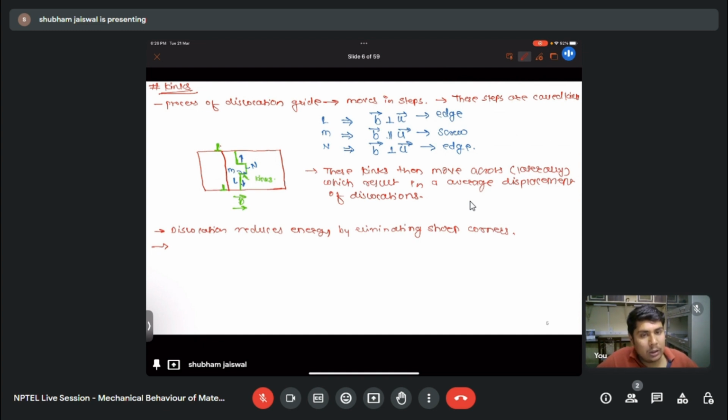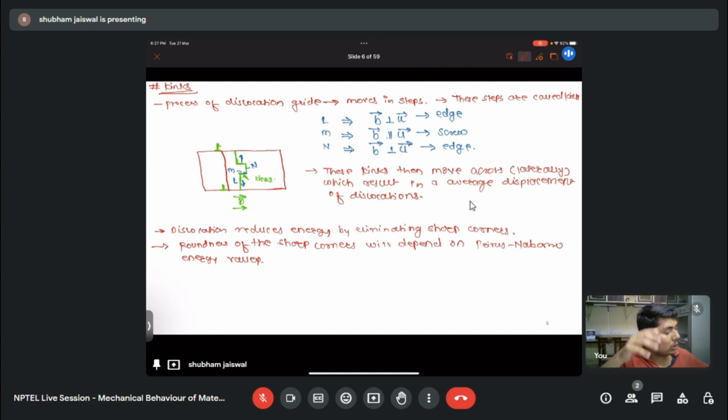As you have seen, here one dislocation is there and it will try to bend, or try to increase the roundness of the sharp corner, depending on the Peierls-Nabarro energy value. So this is about the kinks.